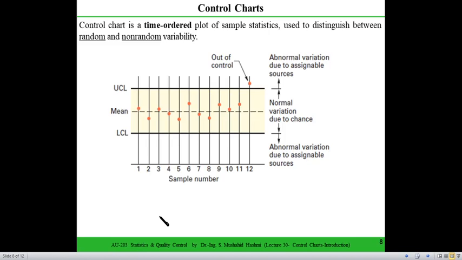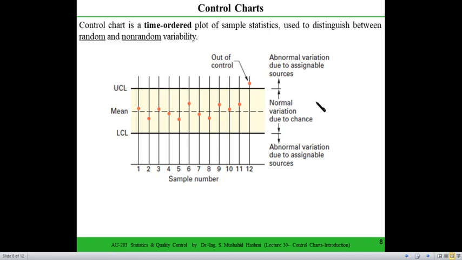So how does the control chart look? Each sample is observed in time order. For example, the first sample is taken first, the second sample is taken second. The center line is called the mean line. If you are in this yellow region, the variations are normal, or random variations.